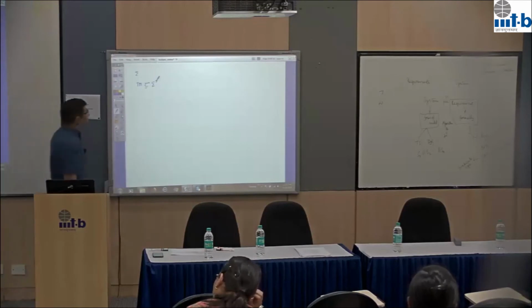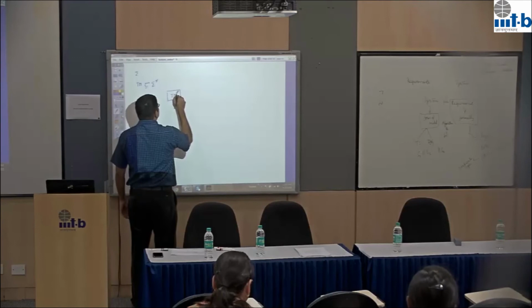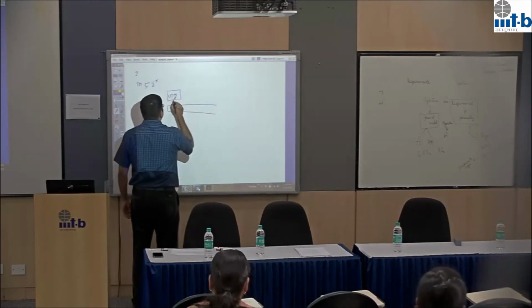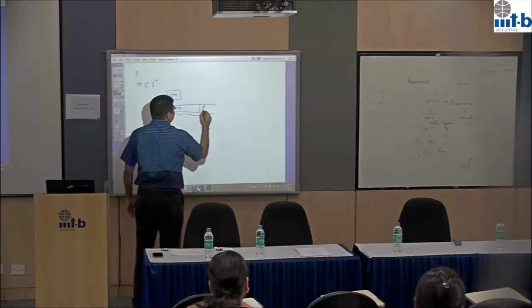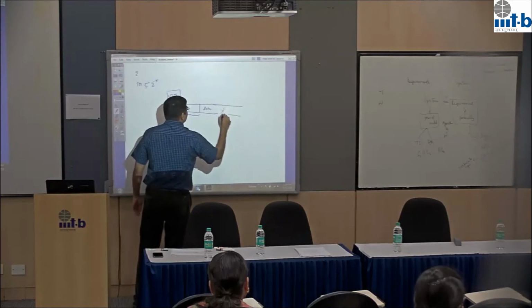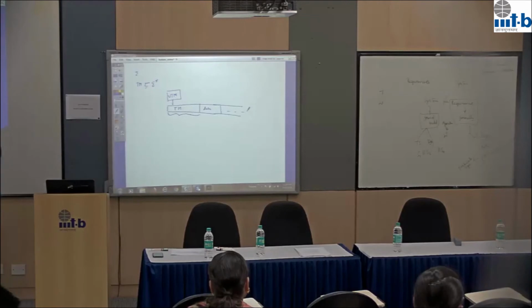For example, I can build a Turing machine where I can give a specification of another Turing machine here, followed by the data of this Turing machine, followed by all blanks like this. Again, I won't go into the details of how exactly you can do this.